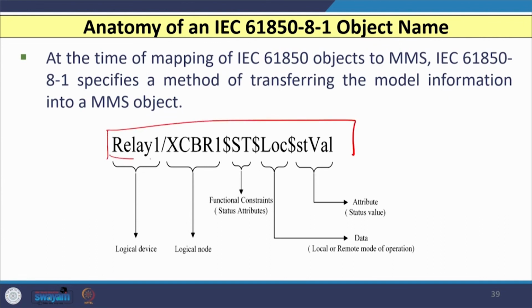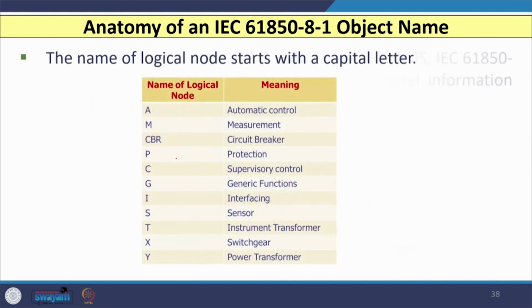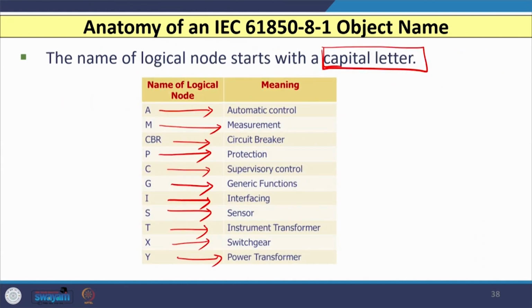Here you can see that first I have mentioned relay 1. That is your logical device, and then I have given the name to this logical node, that is XCBR1. You can see that CBR is meant for circuit breaker and X is meant for switchgear.